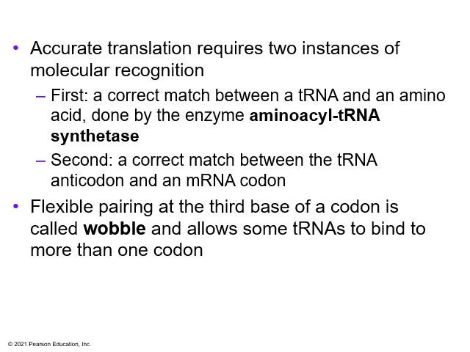Wobble allows for multiple tRNAs to escort in one amino acid. It also allows for the potential of a mutation. What should be GGG, a point mutation, means that the change to GGC will have no effect.